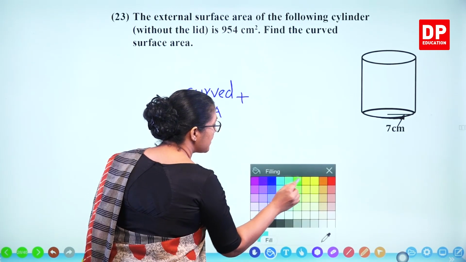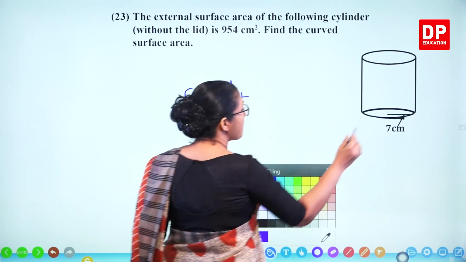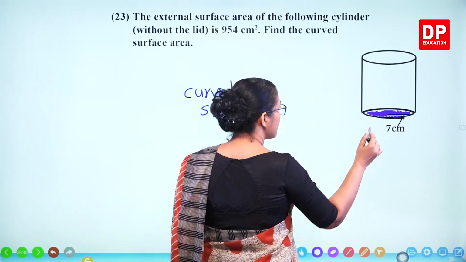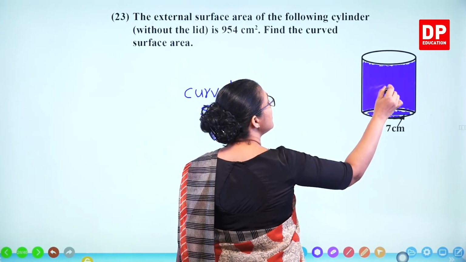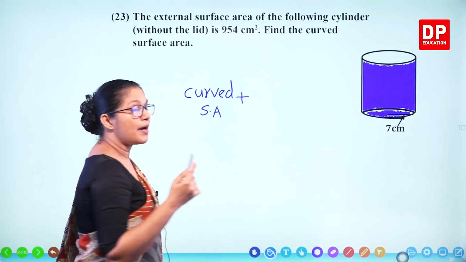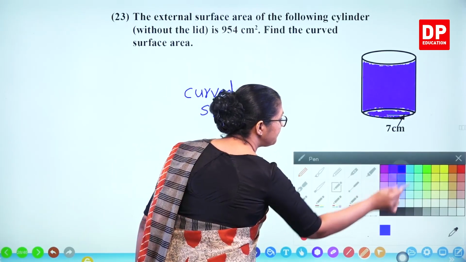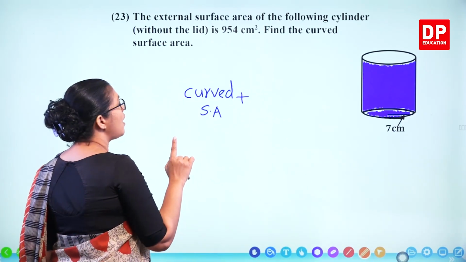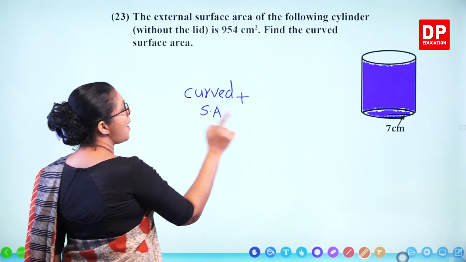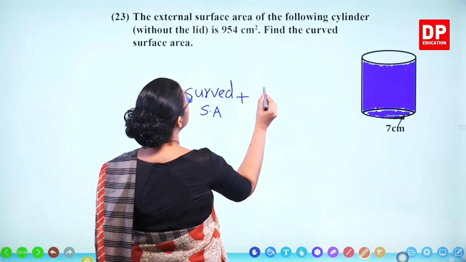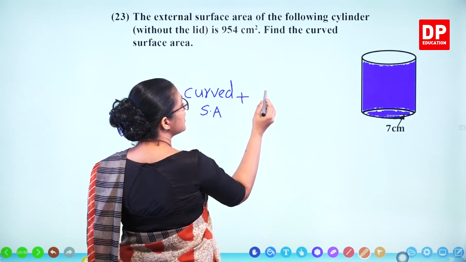So you get this part and this one, not the upper part, because the lid is not there. So how can you write that? You can write curved surface area plus area of the circle. So what is the area of the circle?